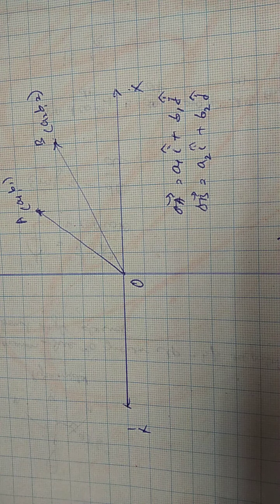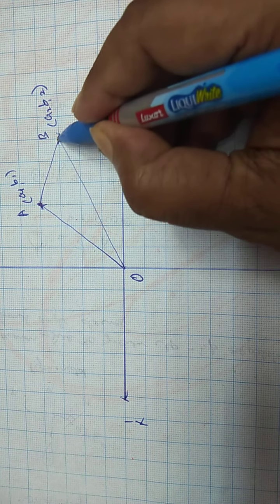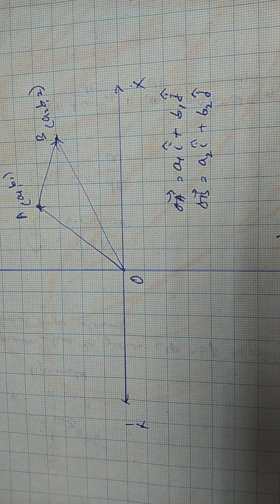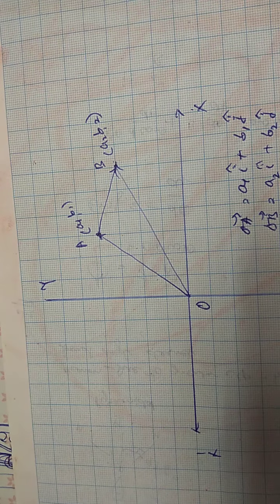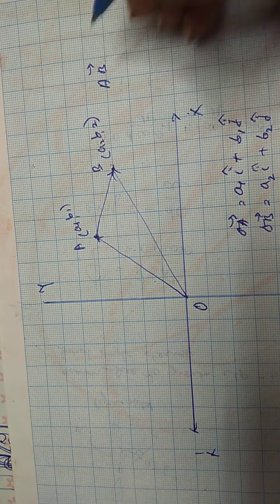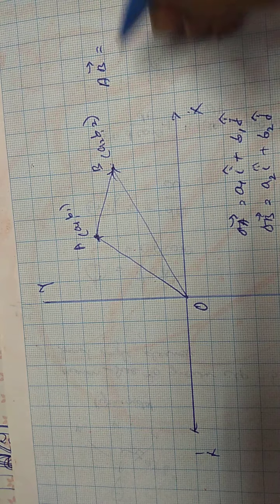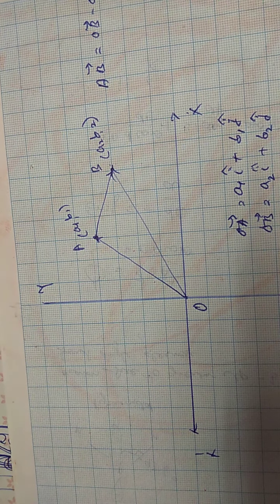Okay. Now what will be vector AB? Vector AB is known as the displacement vector, and vector AB is vector OB minus vector OA.